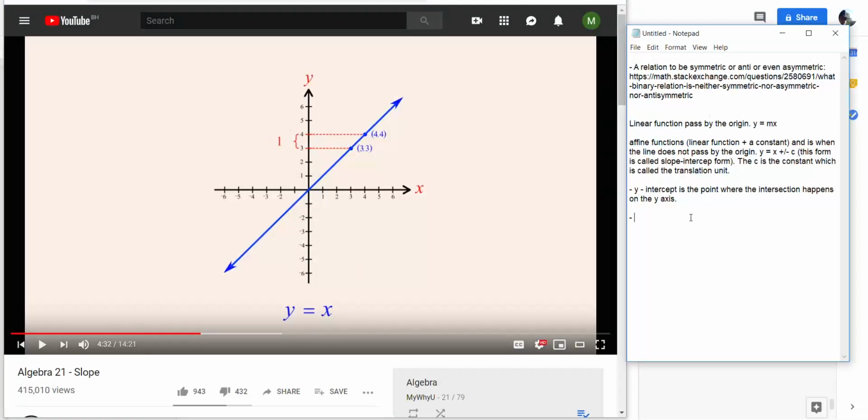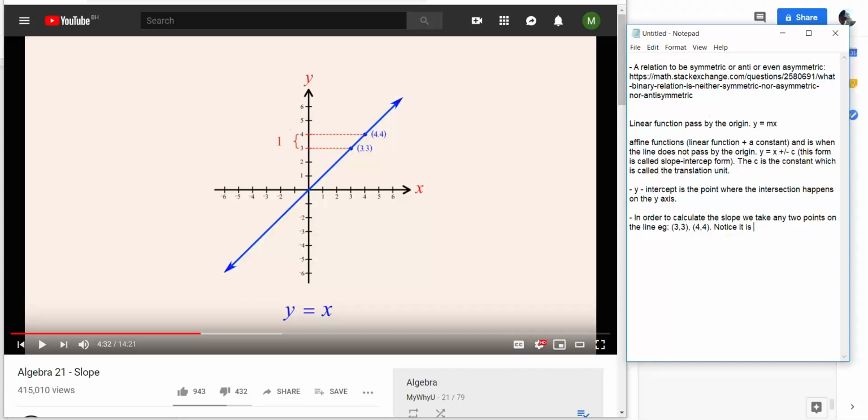I should write this down. So, in order to calculate the slope, take any 2 points on the line. For example, take (3, 3) and (4, 4).